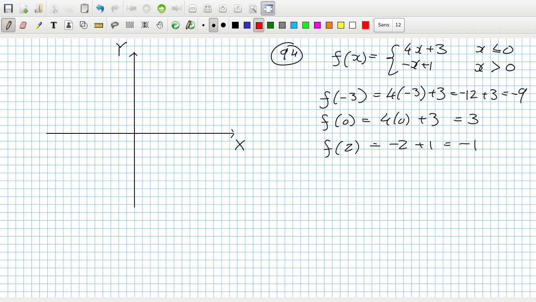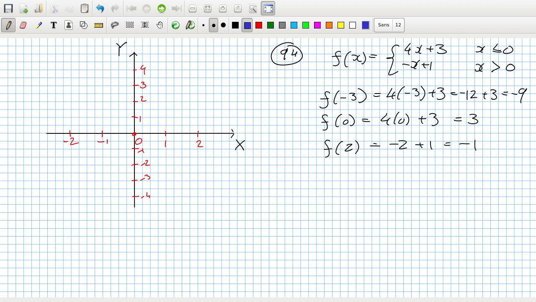So I'll just mark off 0 here, and I'll go minus 1, minus 2, 1, 2, and then we'll go 1, 2, 3, 4, 1, 2, 3, 4. Should keep it on the right, since I started on the right up there.